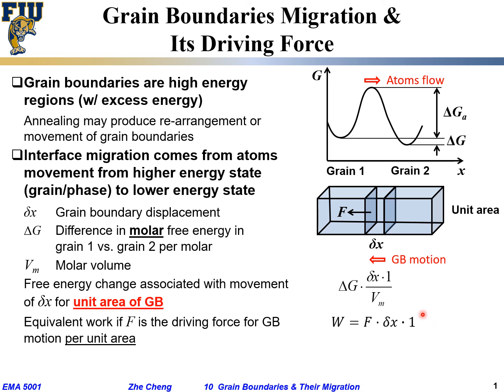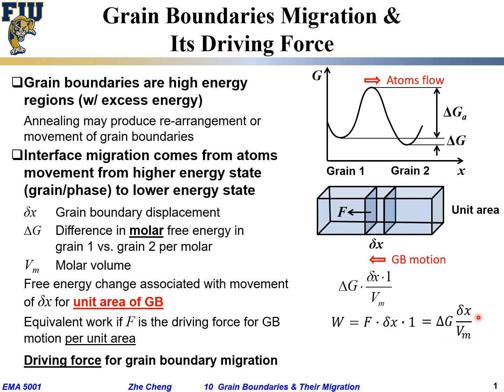From energy conservation, the thermodynamic first law, the total work would be equal to the free energy change. So we write the work as equal to delta G times delta x divided by Vm. In this case, the delta x on both sides cancel each other. As a result, the fundamental driving force for the motion of the grain boundary would just be delta G over Vm.